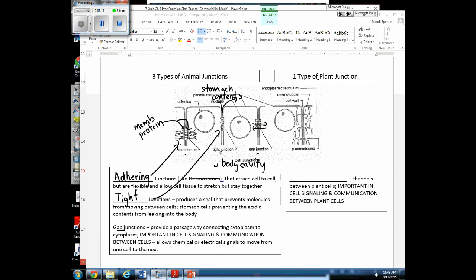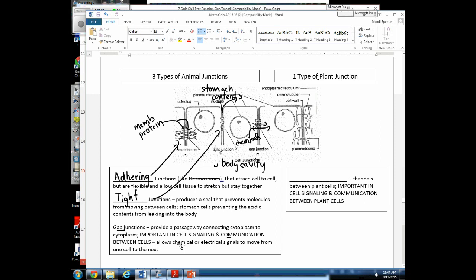There can be chemical signals in one cell, so let's add some chemical signals, or just put chemicals in one cell, and it can activate other processes in the adjacent cell when those chemicals spread to the adjacent cell via those gap junctions. So I want to highlight this cell signaling and communication between cells.